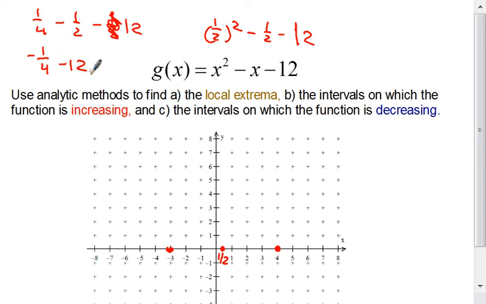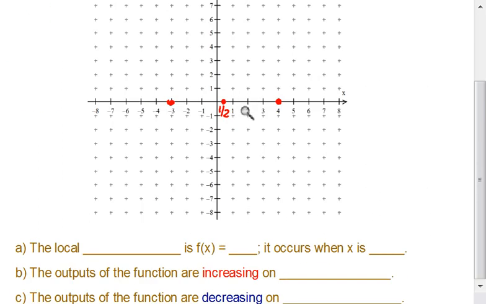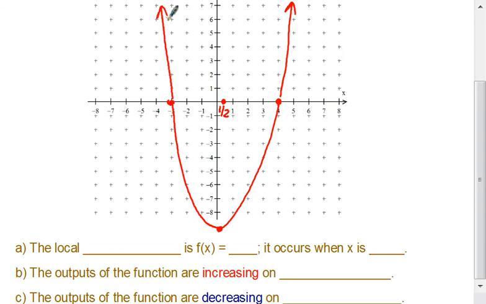And so we get -12 1/4. All right, so now we know what that value is, -12 1/4. It's off the chart, way down here somewhere. And then we're going to see the graph rise up to the 0, and behavior goes up here. And there is a nice accurate picture of our graph.